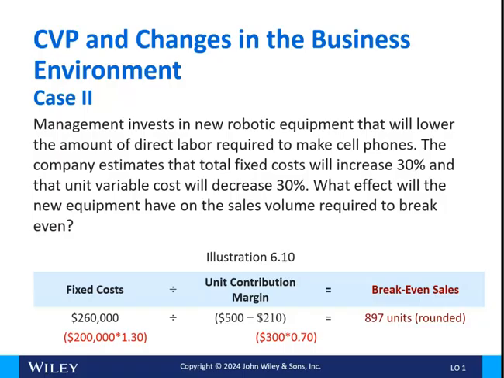So that's where we got that $210 from. Our break-even sales in units is 897 units. So we would have to sell fewer units compared to 1,000 to break even now.